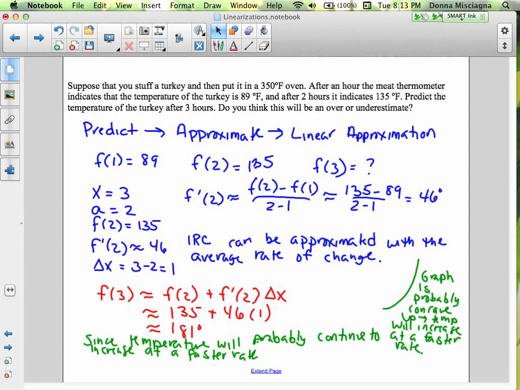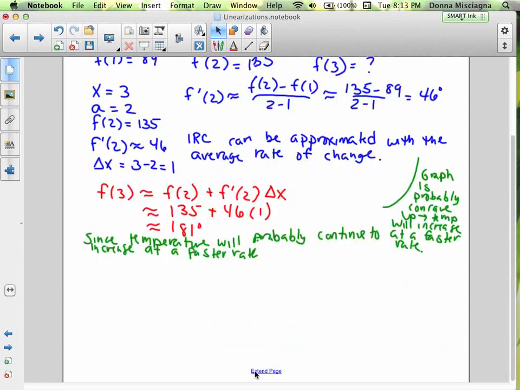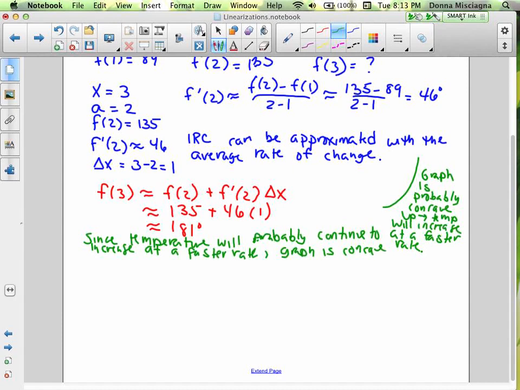I'm going to give myself just a little bit more space. The graph is concave up, and the estimate is an underestimate.